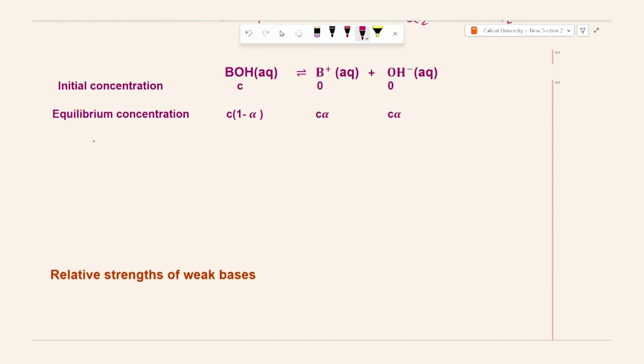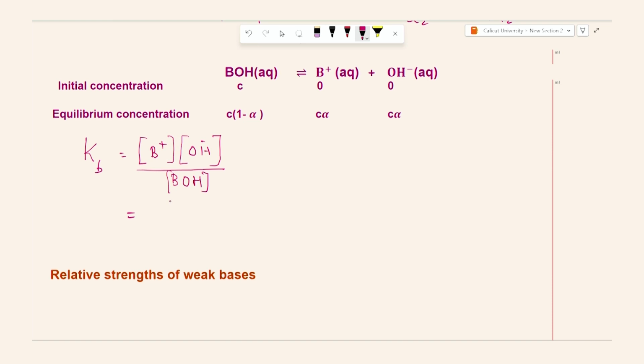Now, I am going to take the equilibrium constant Kb. Kb is equal to the product of molar concentration of B plus into molar concentration of OH minus, divided by that of the reactant, that is BOH. Now, I am going to put the concentrations here.